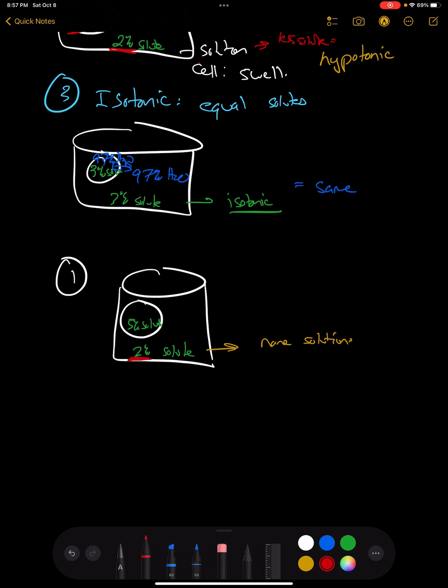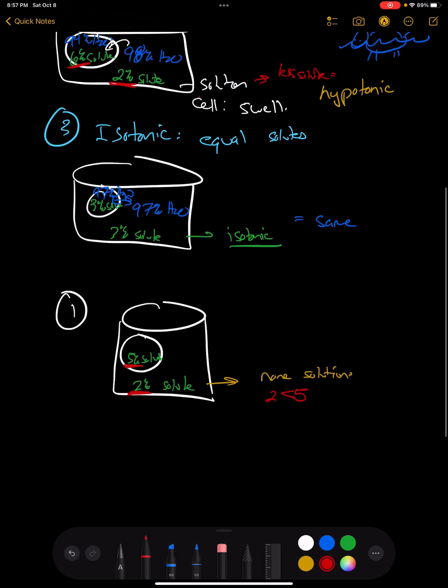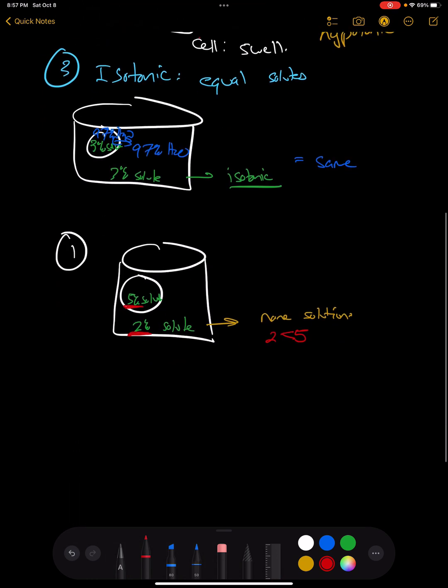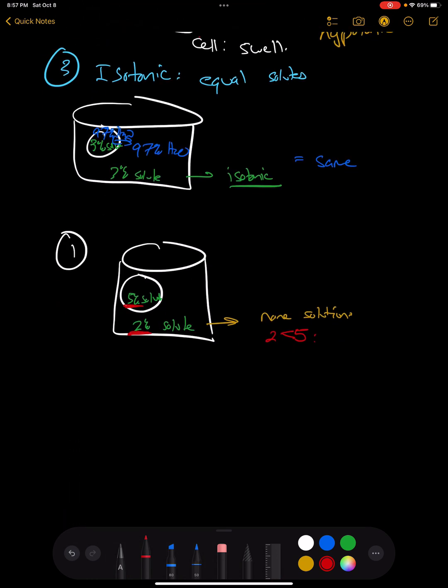I'm looking at 2 versus 5. 2 is less than 5. So which word up here meant less? That's hypotonic. So my solution is a hypotonic solution because it has less solute than my cell.